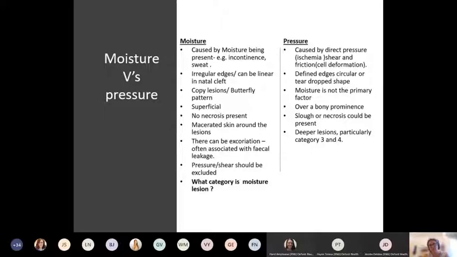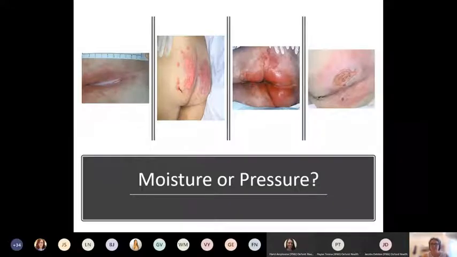Pressure, on the other hand, if it's a pure pressure ulcer and no shearing or friction forces, often the pressure damage will be quite circular. So people who are sitting for long periods of time on their ITs, quite bolt upright, often you'll see their pressure damage is really quite circular. So a very circular one will make you think this is direct pressure. If you've got shear forces in play, often you get this teardrop appearance, and picture number 4 here is a good example.